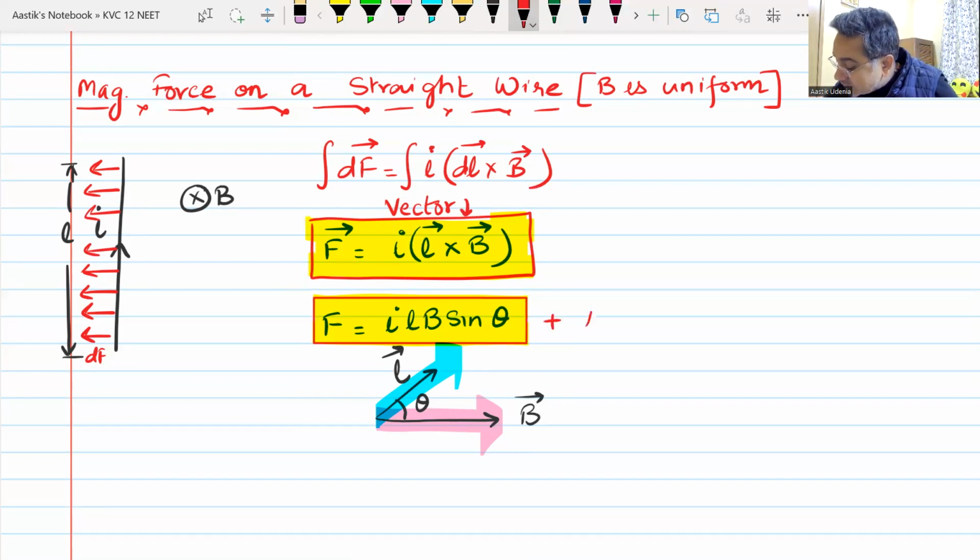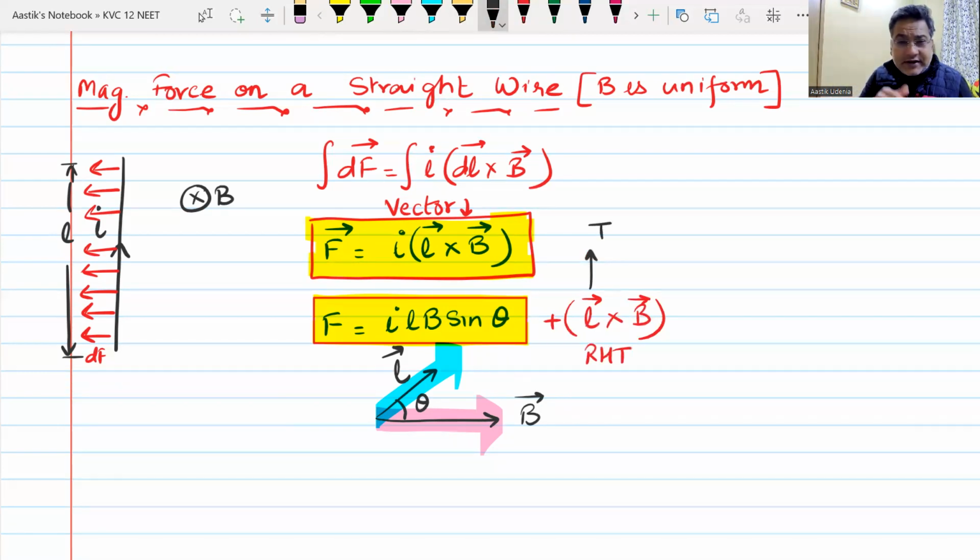To get the direction, you will do the cross product of L with B. Right hand thumb rule: your thumb will point in the direction of L, which is the direction of current.